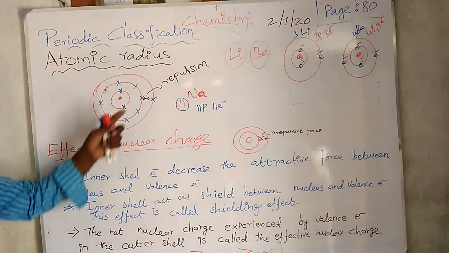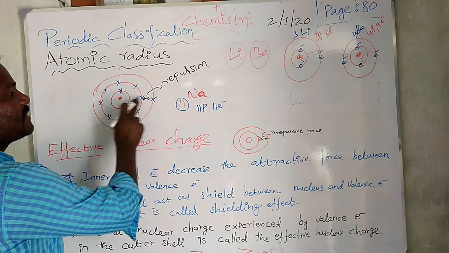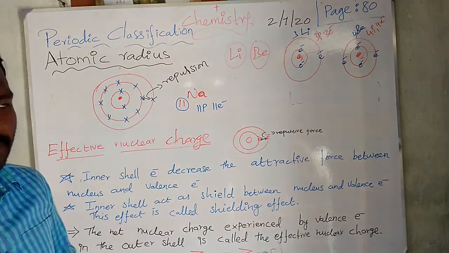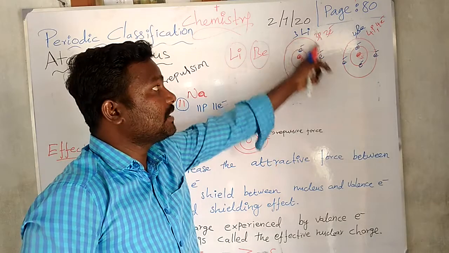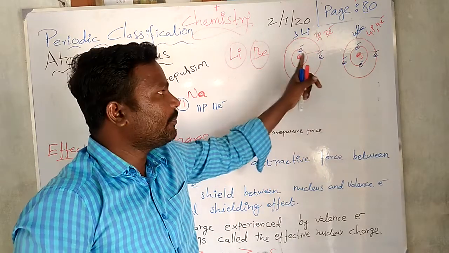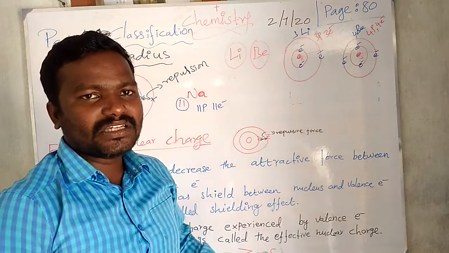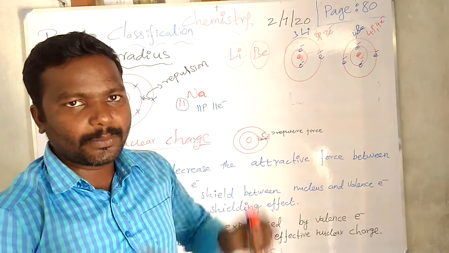Because of this repulsion, what will happen? It will reduce the attractive force between the nucleus and the outermost cell. In the first case, what we have studied, electrons are filled in the same cell, but the protons are increased. Because of increase of nuclear charge, size will decrease. That is correct. Keep it in your mind.